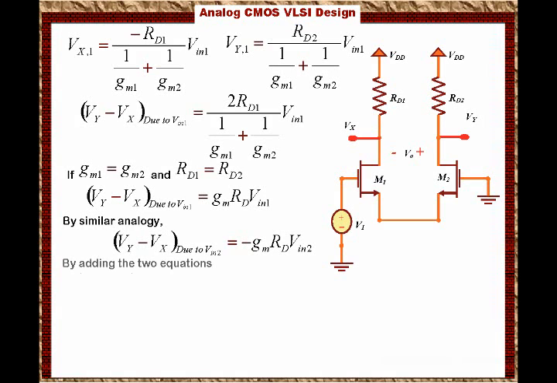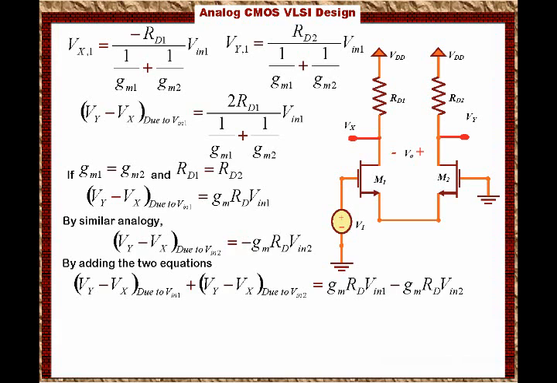And by adding the two equations together, we can say now Vy minus Vx due to Vn1 plus Vy minus Vx due to Vn2 is basically Gm times Rd times Vn1 minus Gm times Rd times Vn2.